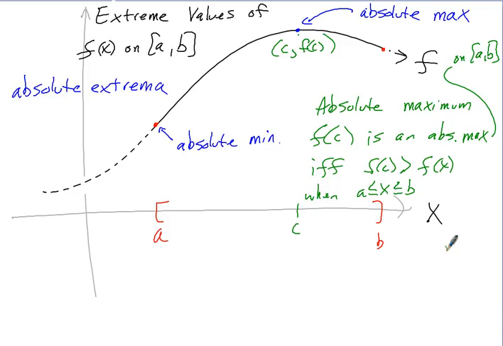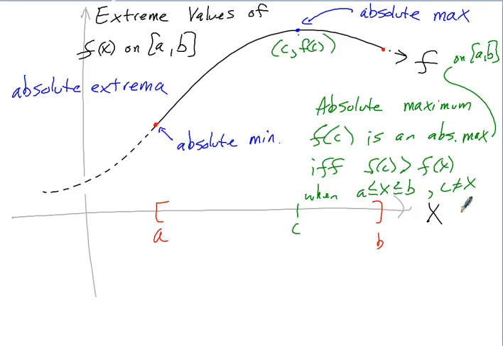So we make one other tiny change: where C is not equal to x. Does that make sense? All the other x values are going to give us function values less than f of C. And then obviously, how can we define an absolute minimum?